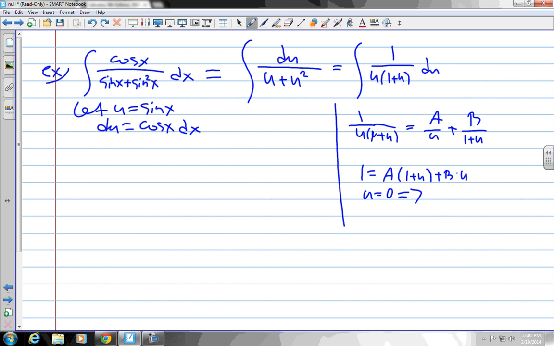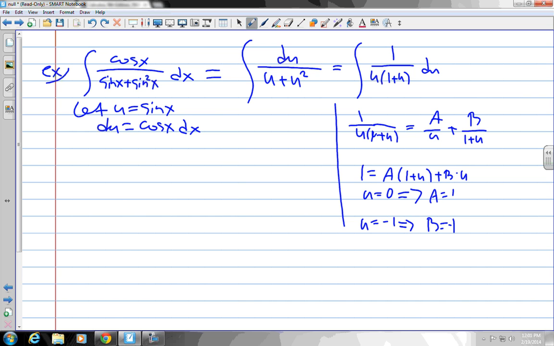If u equals 0, what is A? 1, then A equals 1. If u equals negative 1, then what? If u is negative 1, then B is negative 1.